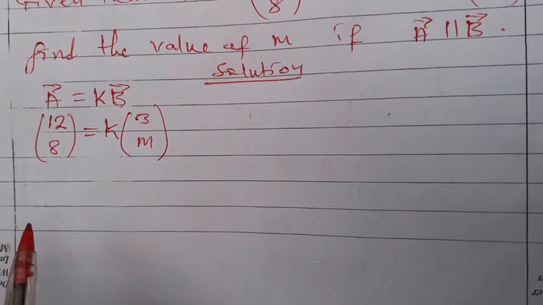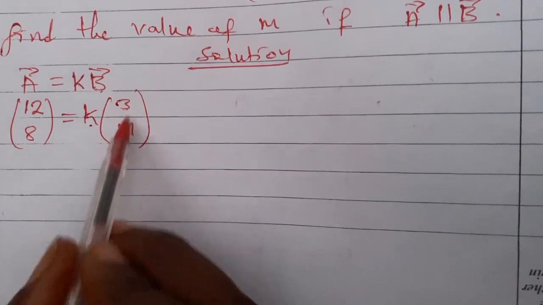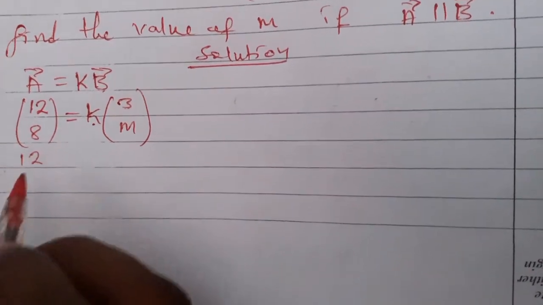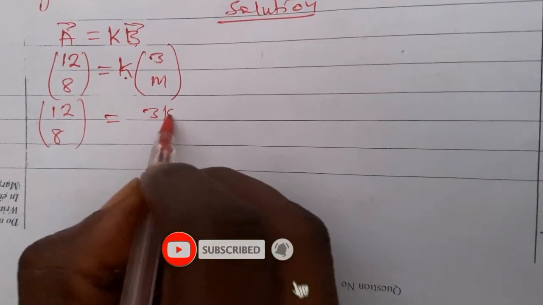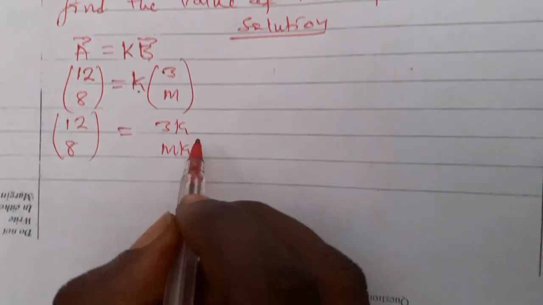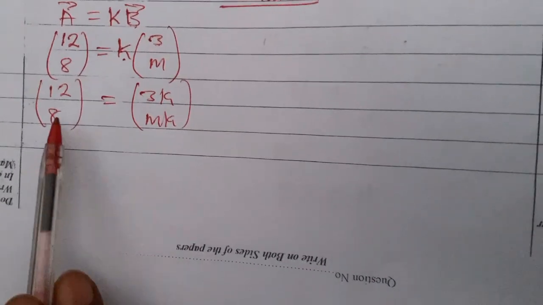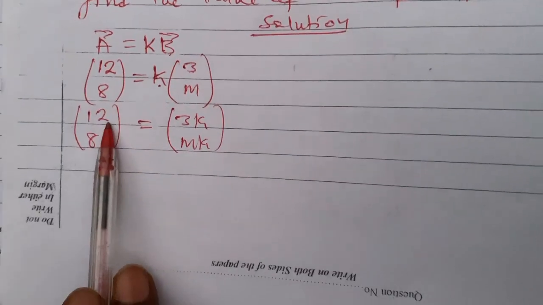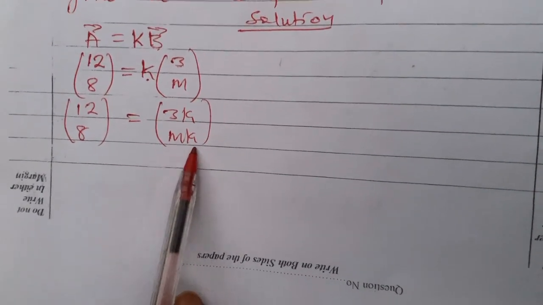Now, having this, we can multiply this k by the components of the B. Then we're going to have 12, 8 equal to 3k and mk. But look here, also this vector 12, 8 is equal to 3k, mk.